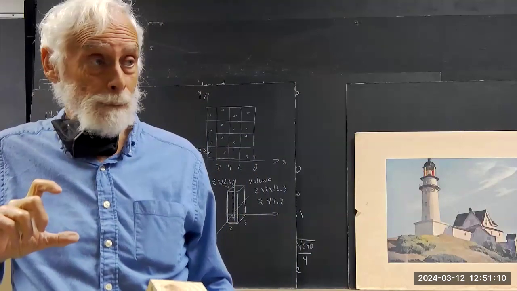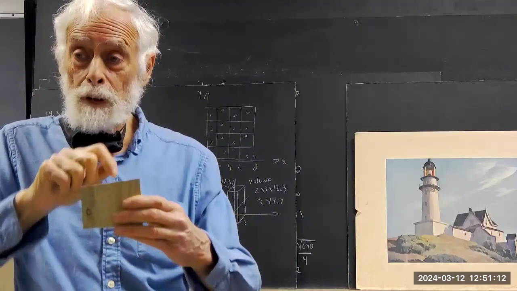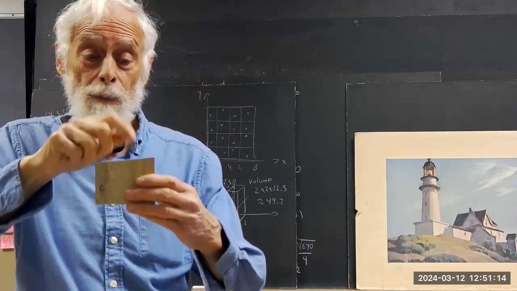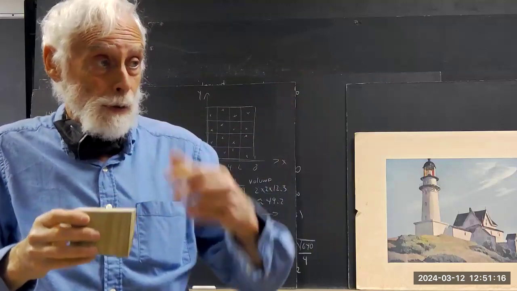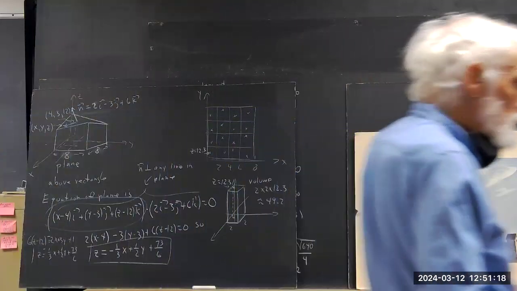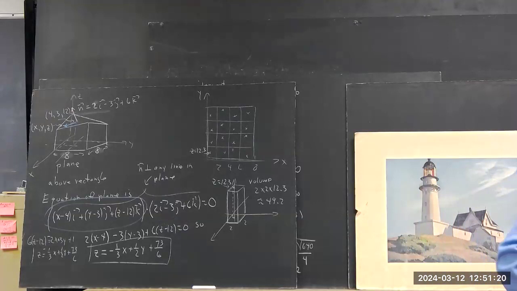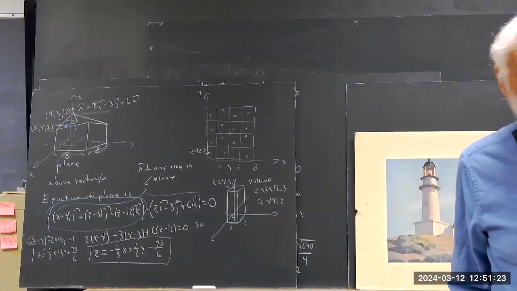Okay. Some of them have more area or volume than others, because some of them are at a point where Z is greater than others. But when I add all those up, I get a pretty good approximation to the total volume. Okay.